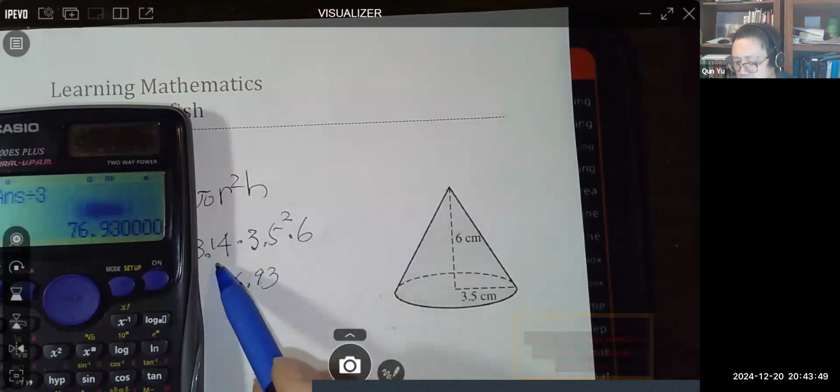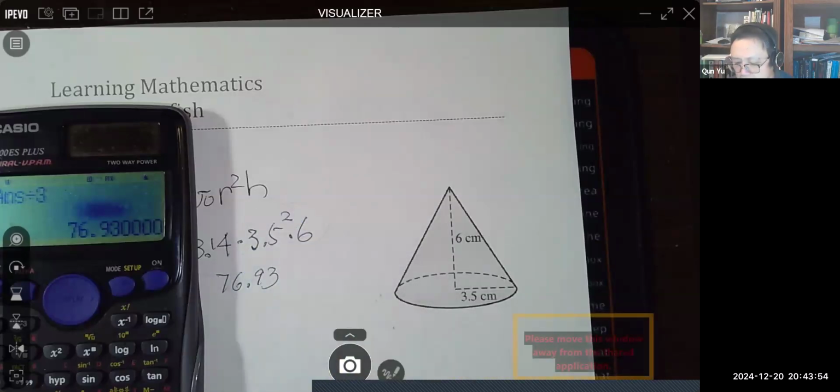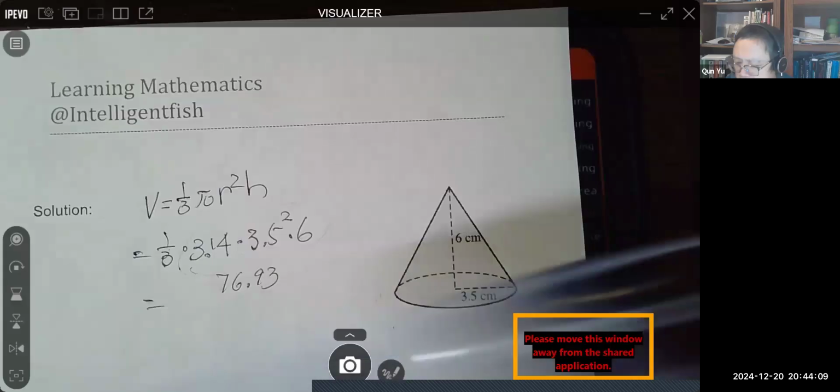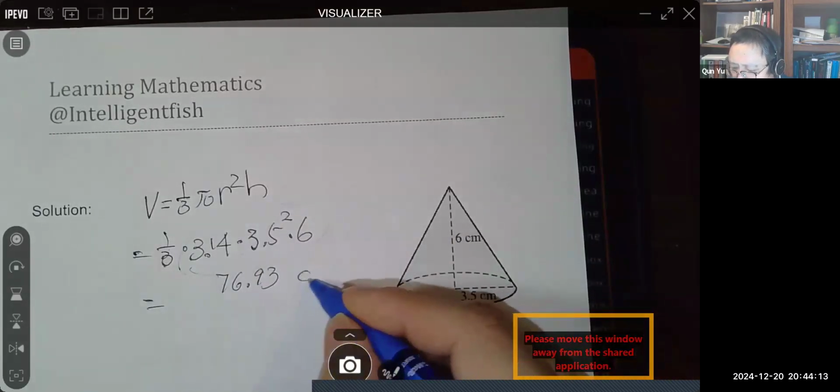I'm going to do this one, then get a result, then multiply by 6. So 3.14 times 3.5 square equals, then times 6 equals, yeah, it is right, divided by 3. So 76.93. That's the final answer in centimeter cube.